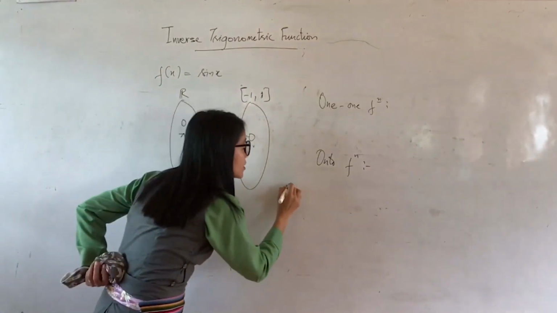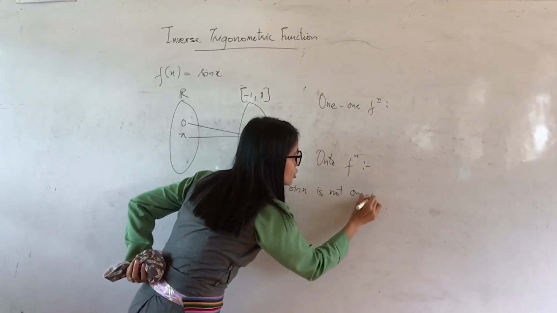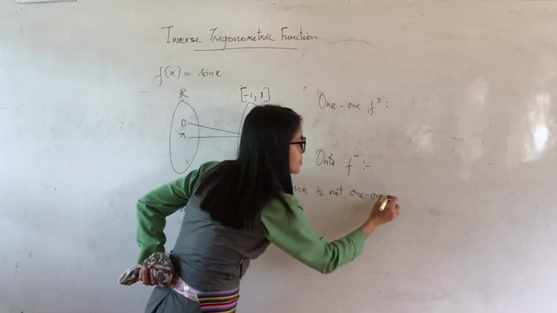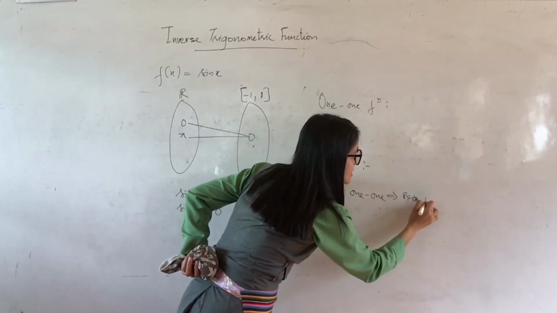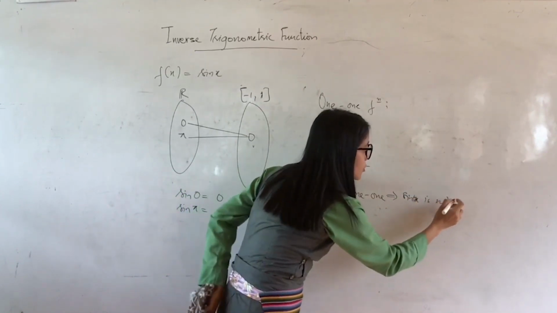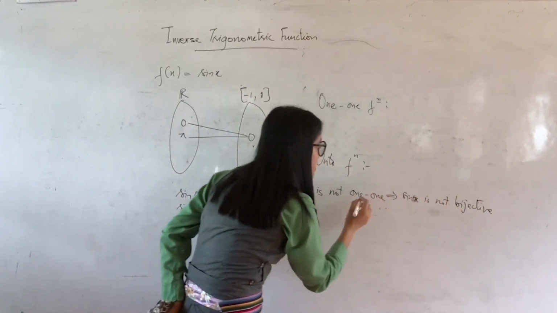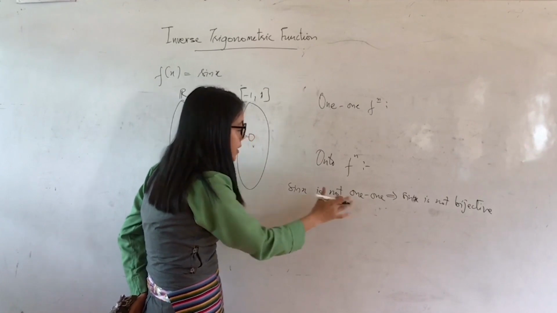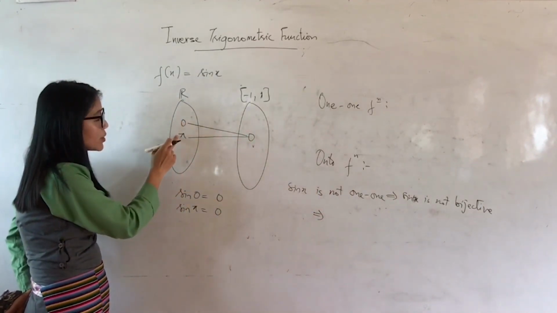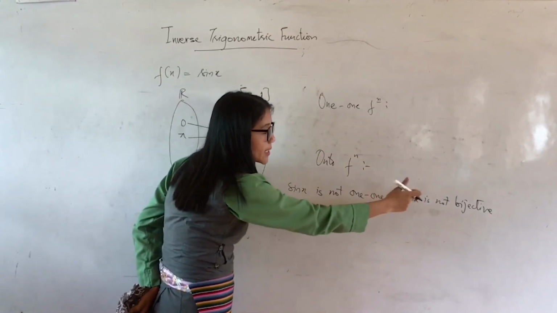Okay, so now I got this. Sine x is not 1-1, which implies sine x is not bijective. And this implies, now you have to go on continuing. Sine is not 1-1, because you can see that for 0 and pi, they are having same image. If sine is not 1-1, sine is not bijective.